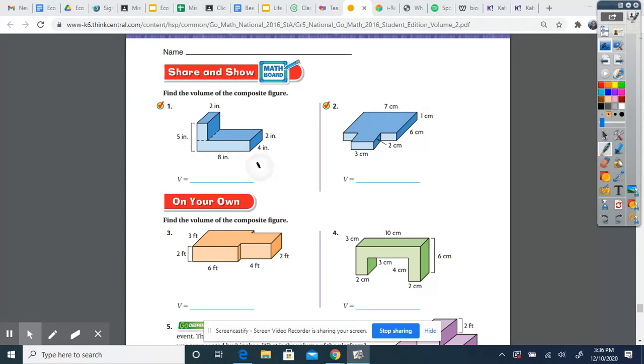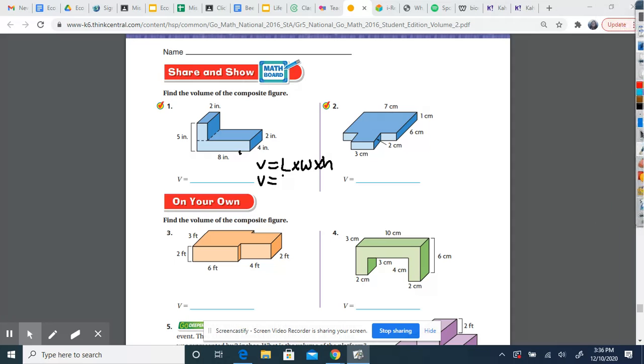So volume equals length times width times height. First I'm going to find this bottom rectangular prism. So if I look at it, I'm going to fill in volume equals, for this one, length is 4, 8 is width, and 2 is height.